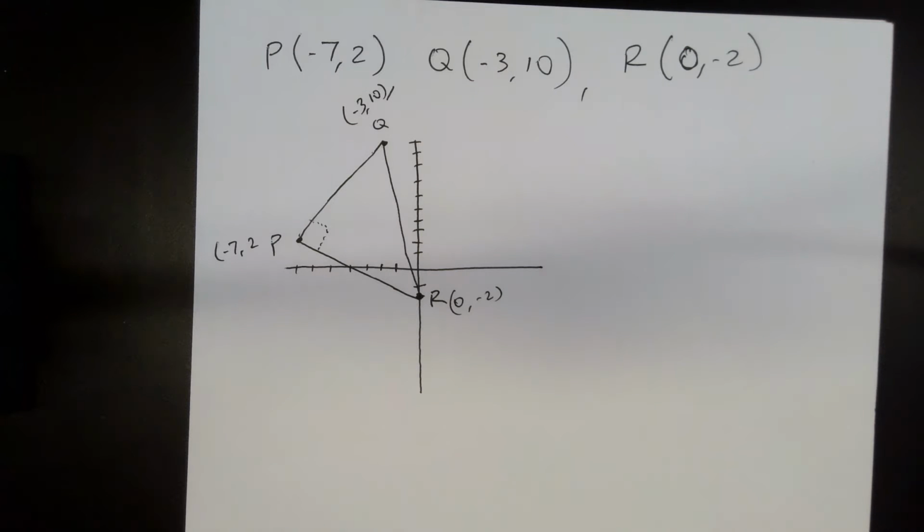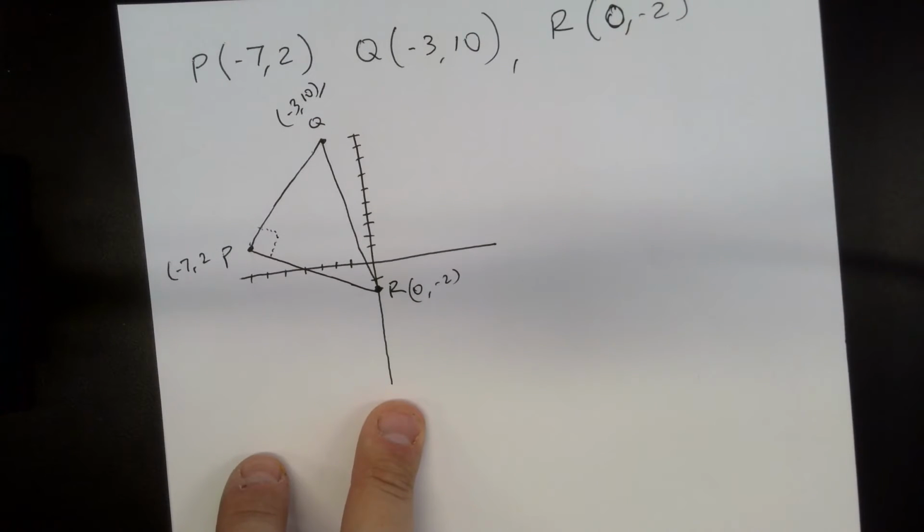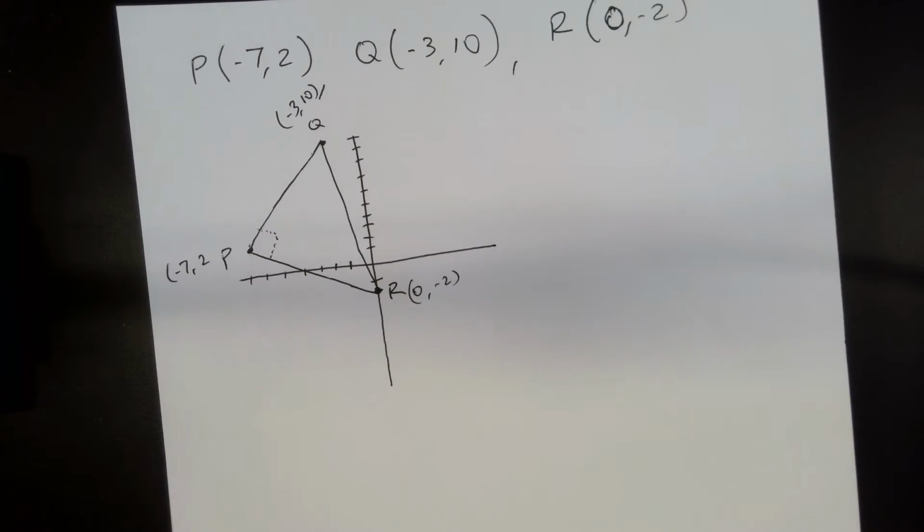What's another way to be able to figure out if this thing right here is a right angle? Yeah, that's what he said. We don't need to do that. Hey, there's another way. Quiet, Tyson. Think about it. There's one more way to be able to determine if that is a right angle.